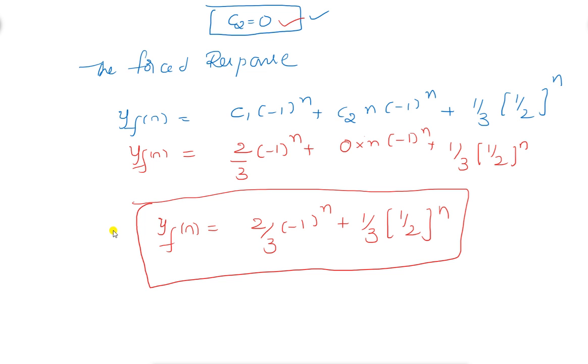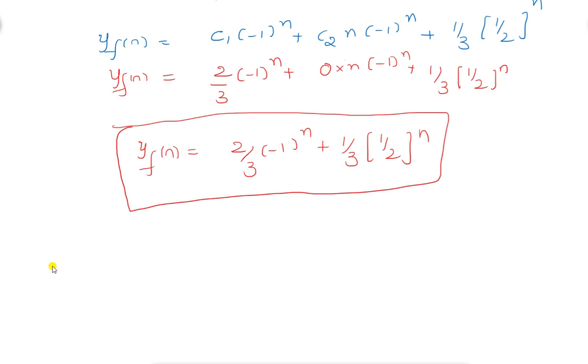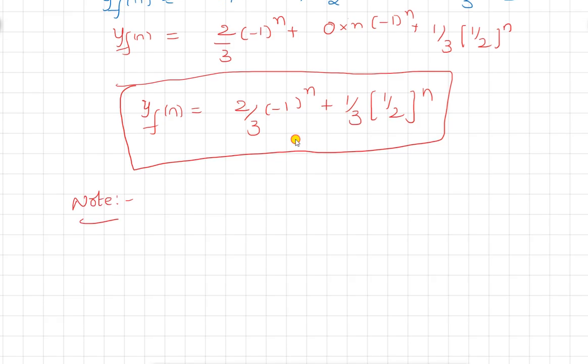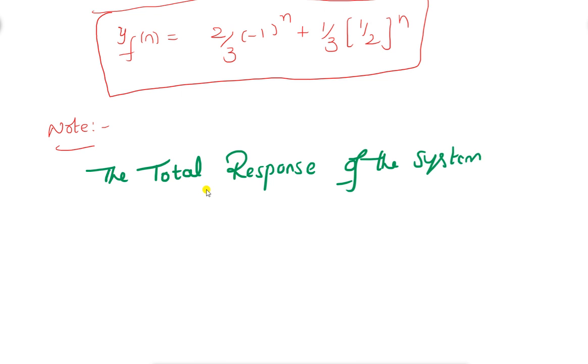One more important point in questions can be noted as a note. If you want to determine the total response of the system, it can be determined as y of n is equal to y natural response plus y forced response.